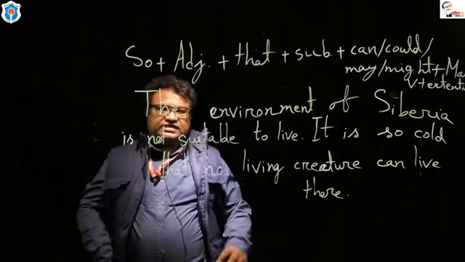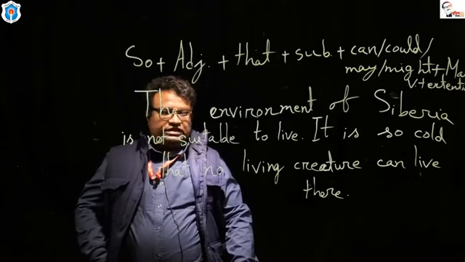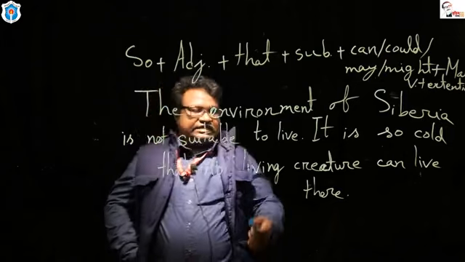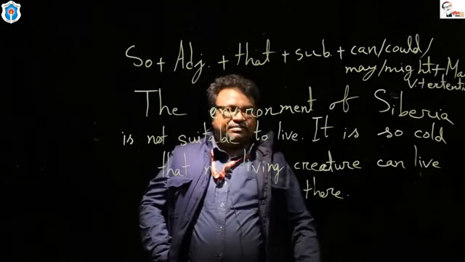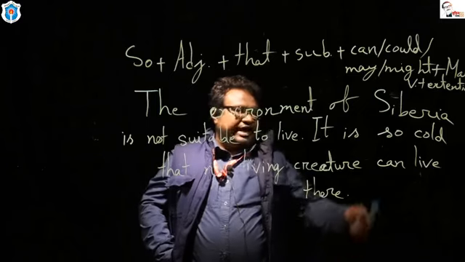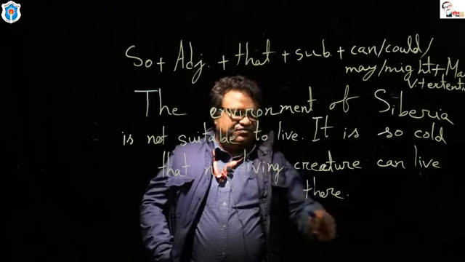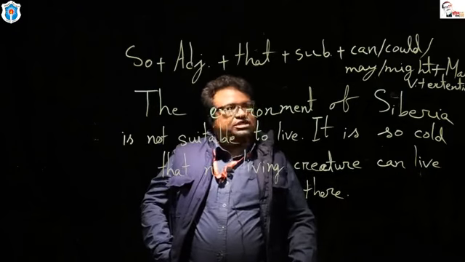The environment of Siberia is not suitable to live. It is so cold that no living creature can live there. Here we see the subject is no living creature, and then there will be can or could, and then we will use this main verb live, and there can be considered as the extension.